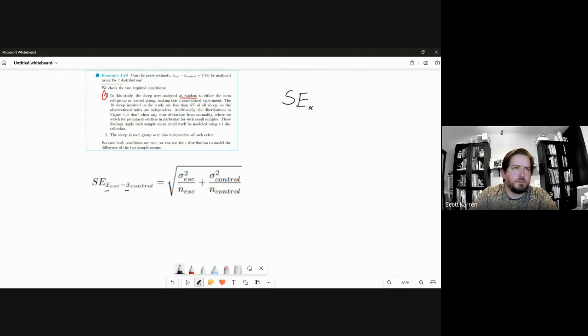So for x bar 1 minus x bar 2 is equal to the square root of sigma 1 squared over n1 plus sigma sub 2 squared over n2. Right.